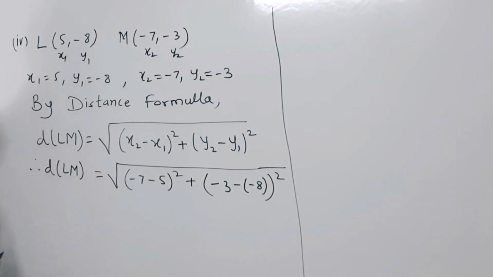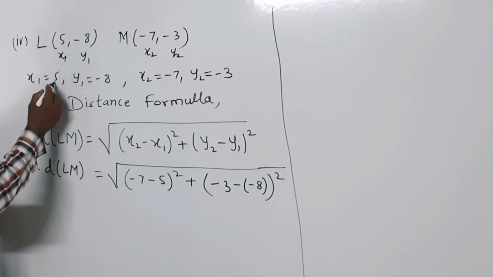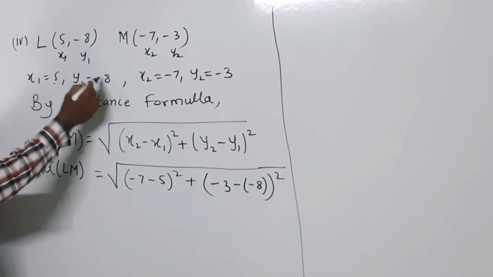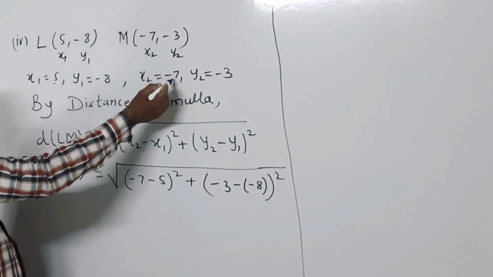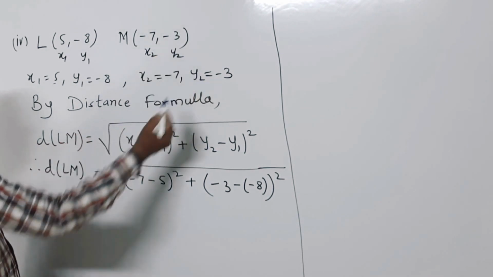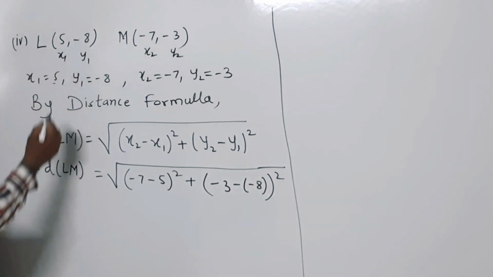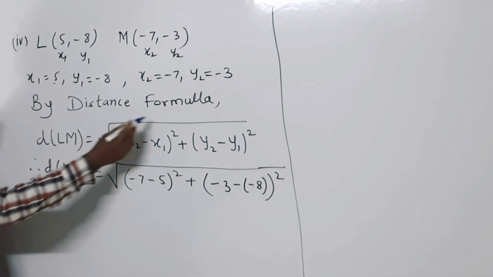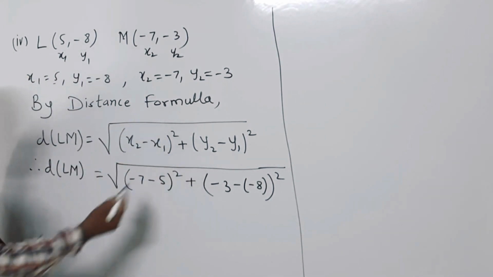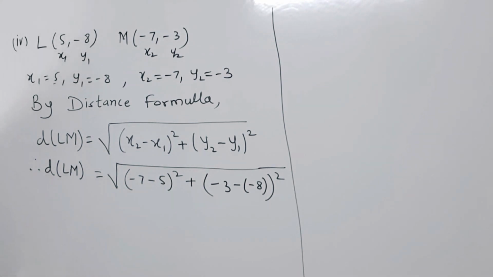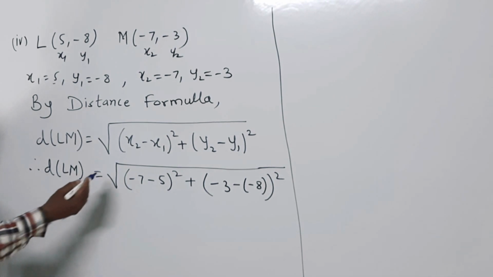Fourth example, L(5, -8) and M(-7, -3). x1 is equal to 5, y1 is equal to -8, x2 is equal to -7 and y2 is equal to -3. So by distance formula, distance LM is equal to square root of (x2 - x1) square plus (y2 - y1) square. So now put the values in the formula.